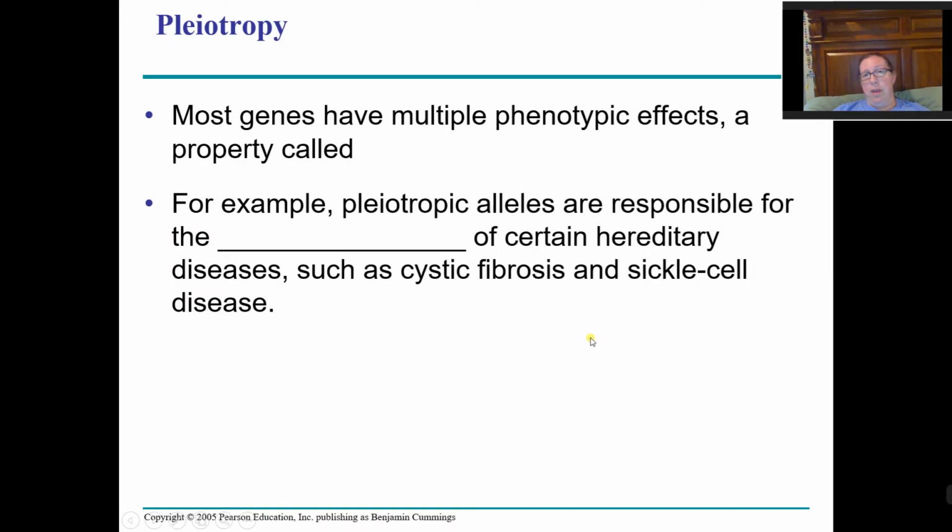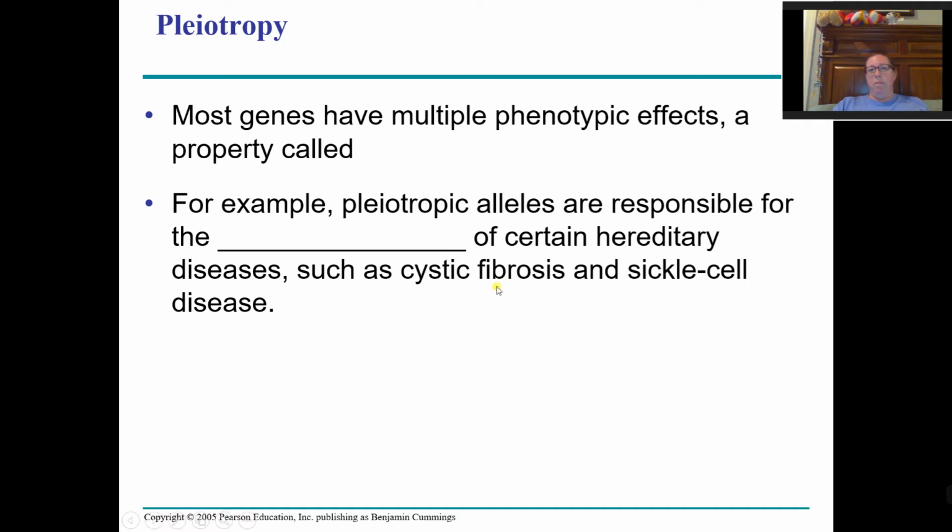All right. Another phenotypic effect, if you will, is called pleiotropy. When you see something that's pleiotropic, these are genes that have very different, almost like an assortment of phenotypic effects. For example, cystic fibrosis is a good one. There are so many different mutations in cystic fibrosis. It is not a one or the other.